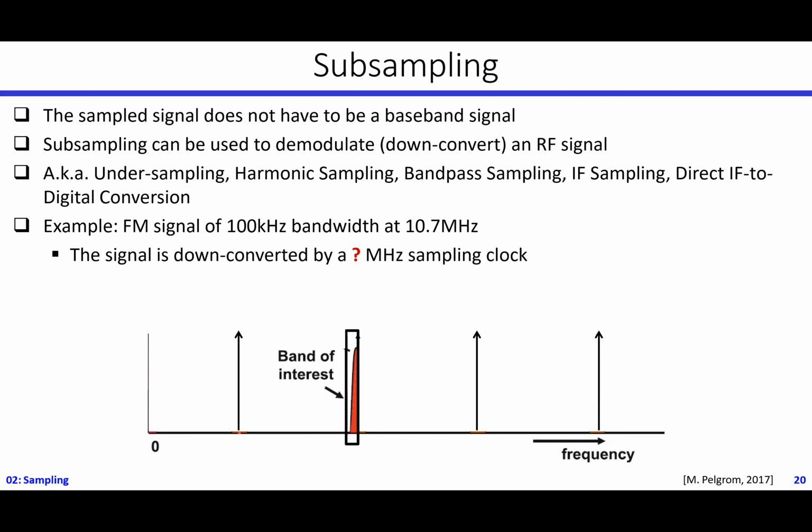So you need to know what you are doing. That's the moral of the story: when you design your circuit, you need to know whether you are doing subsampling or normal sampling.